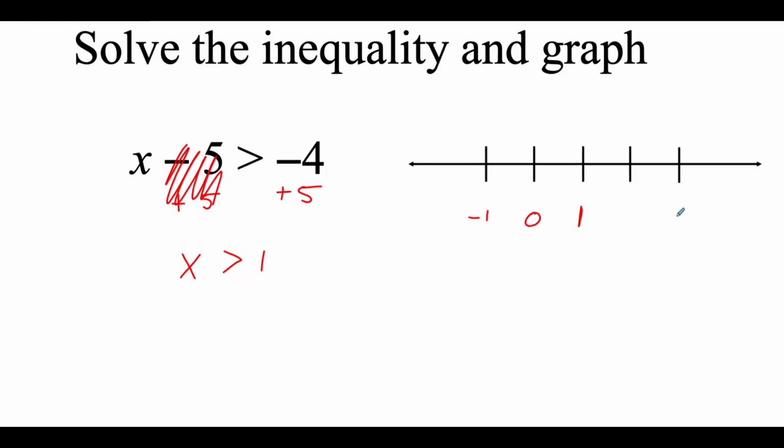And then as we go to the right, we want the numbers to get bigger, so 2 and 3. Now going back to our inequality, we want x values that are greater than 1. So at 1, I'm going to put an open circle because we don't have the equals to line. We want all of the numbers that are bigger than 1. So we're going to draw our shading going out to the right-hand side.